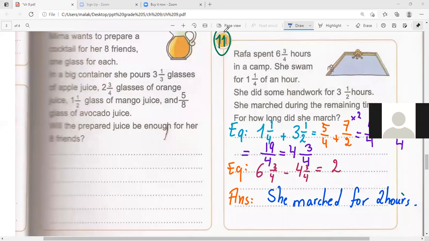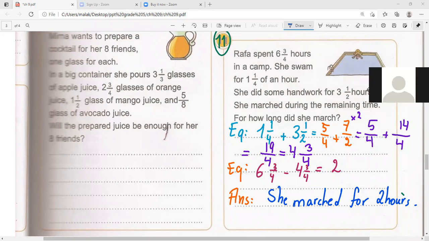Now finish the page and let's start a new page on Monday, a new lesson. Teacher, we have 1 minute. We didn't feel the time. Time passes quickly, we worked on many problems.